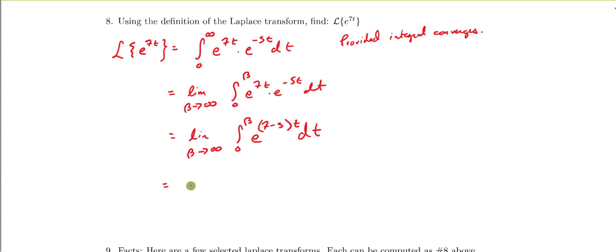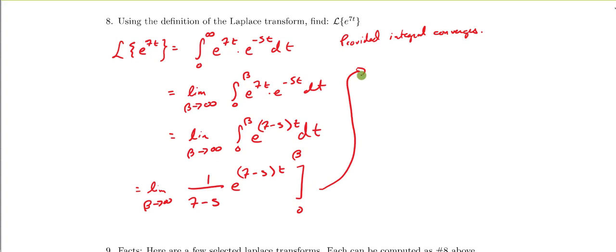So this would be 1 over 7 minus s, times e to the (7 minus s)t, evaluated between 0 and beta. And I've forgotten my limit there. That's the limit as beta approaches infinity. Great. So now we can evaluate the upper and lower limits of integration.